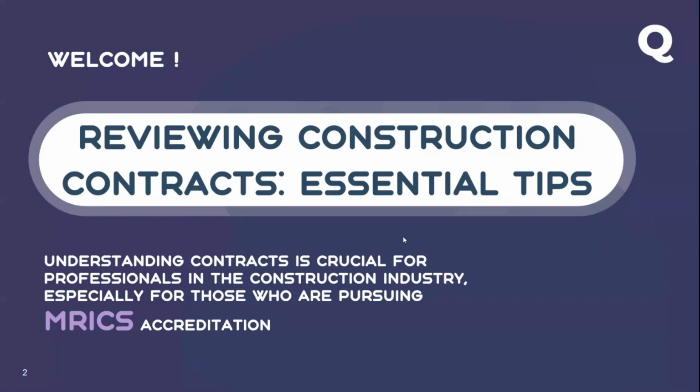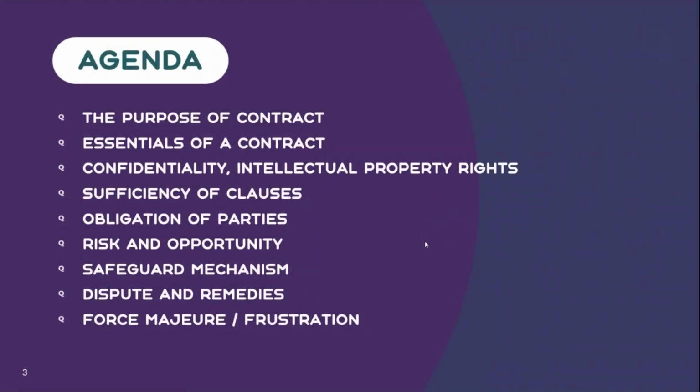Let us go one by one, step by step. In this CPD, we're going to touch on the main ingredients of contracts or contracts management: the purpose of contract, essentials of contract, confidentiality and intellectual property rights, sufficiency of clauses, obligation of parties, risk and opportunities, safeguard mechanism, dispute and remedies, force majeure, and frustration.